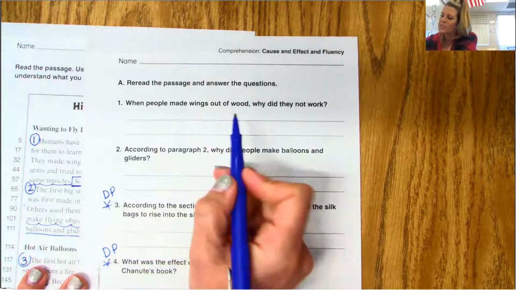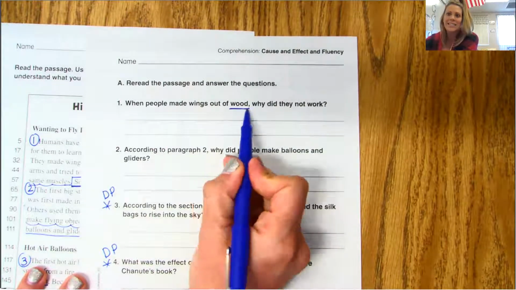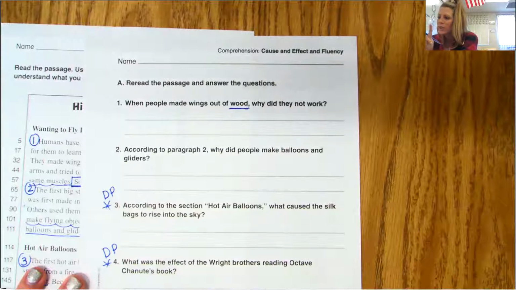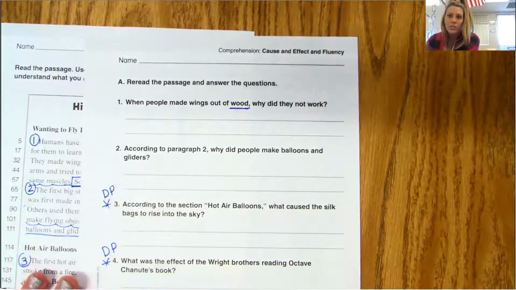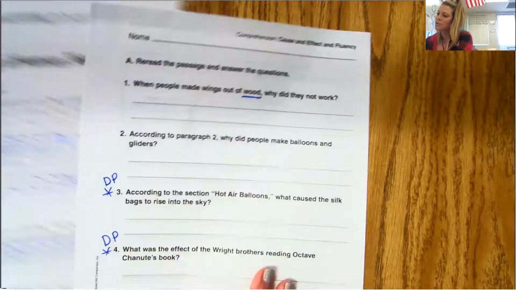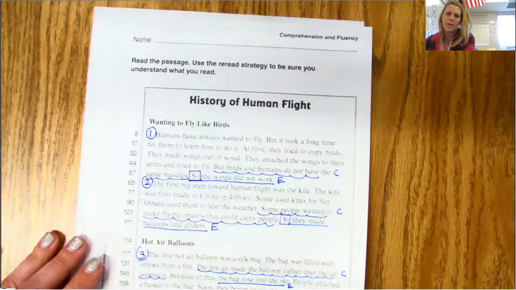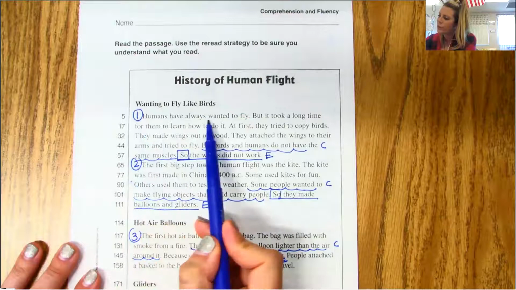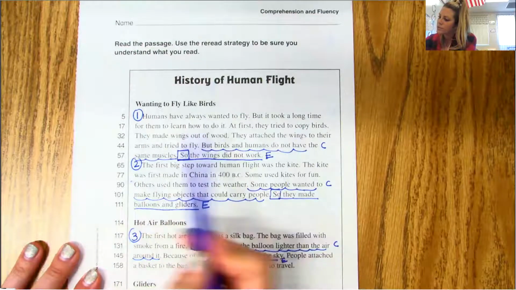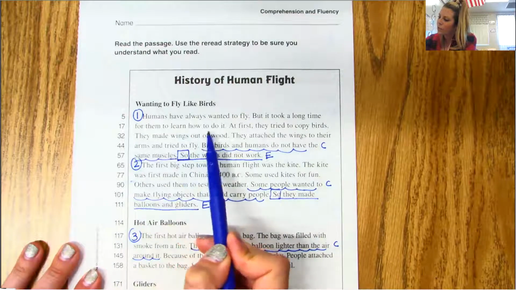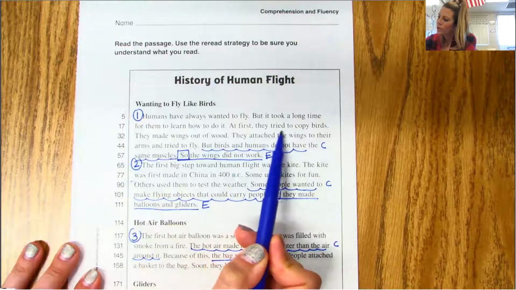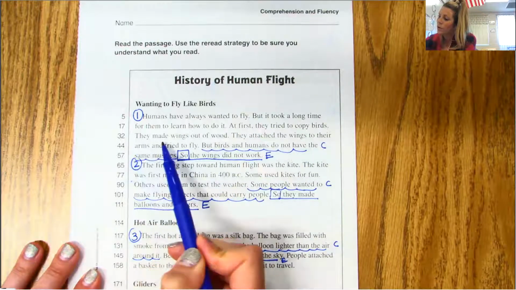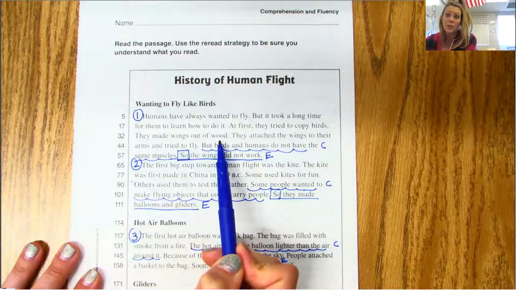So I try to find a word that I can skim through and look for that word to help me find the answer. So see if you can start at the beginning and skim through the words until you find the word wood. Oh, I found it. Did you?